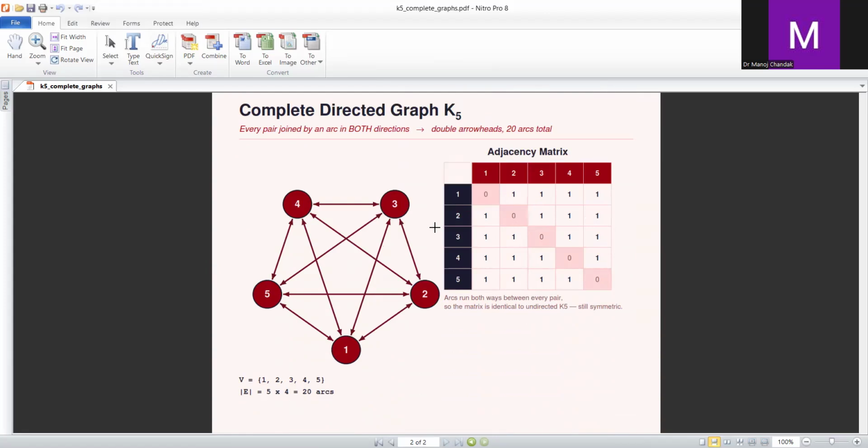So the total number of entries in this matrix will be 20, and the formula for this will be n into n minus 1, but there will not be any division by 2. So hope you understood this idea. Thank you very much.